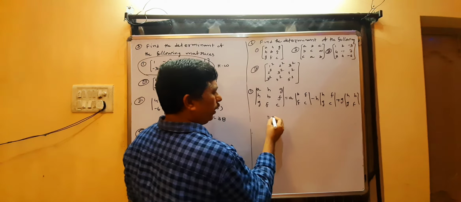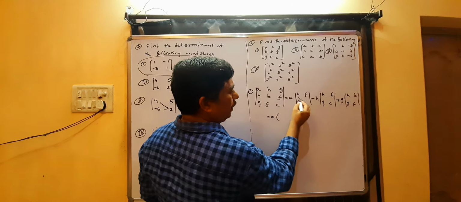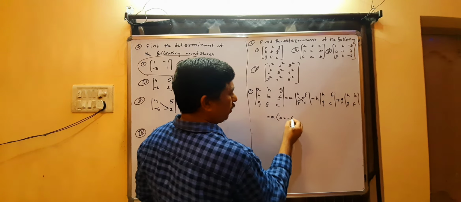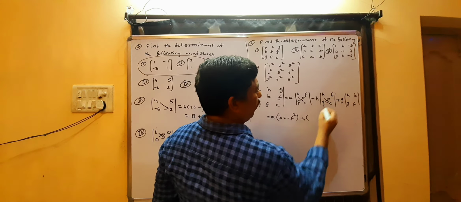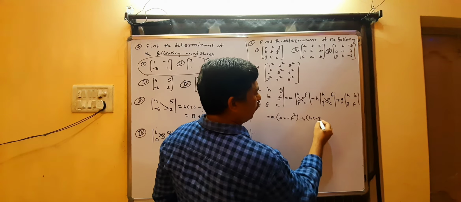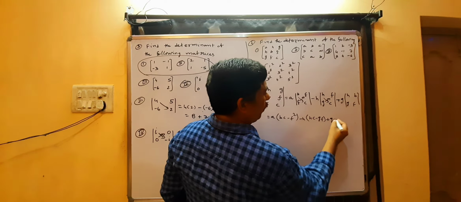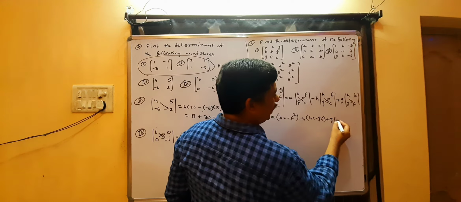So this is A into the determinant: BC minus F square, minus H into HC minus GF, plus G into HF minus BG.